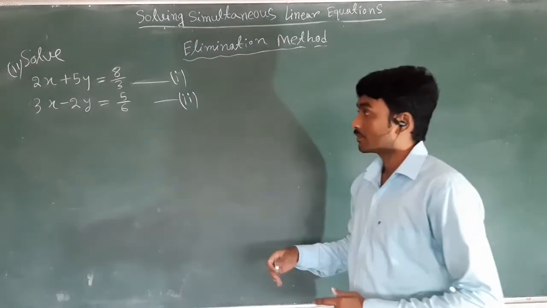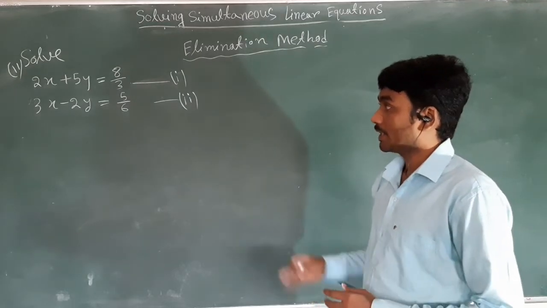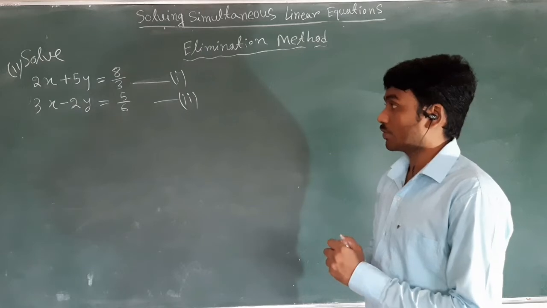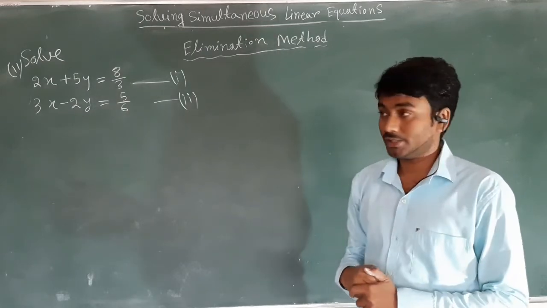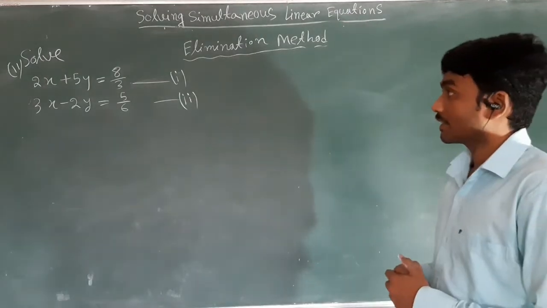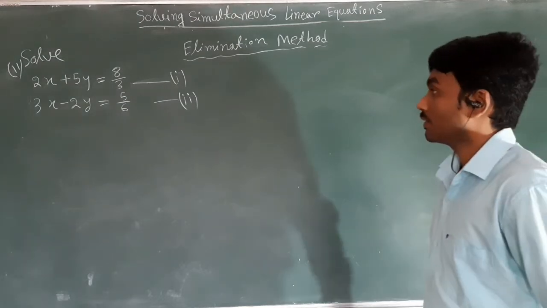So by elimination method, we can eliminate x or y. But in this question, we see that y has different sign. So if we eliminate y, then it will be easy to solve.